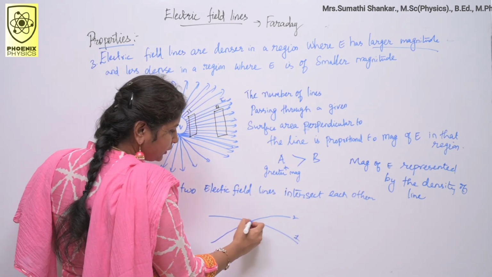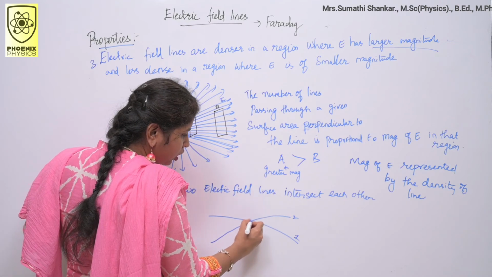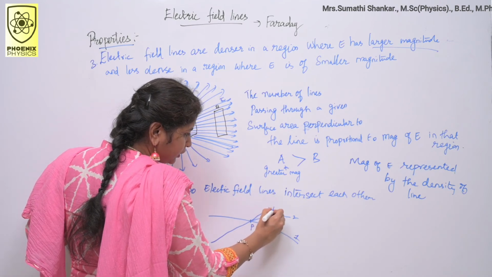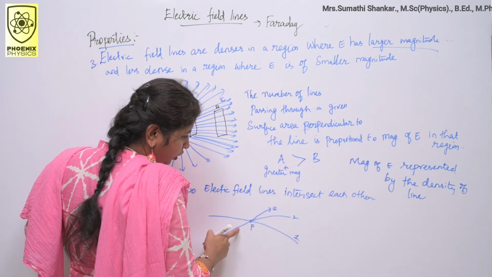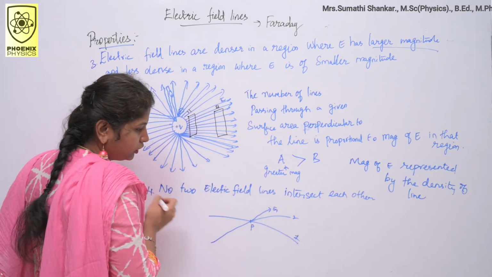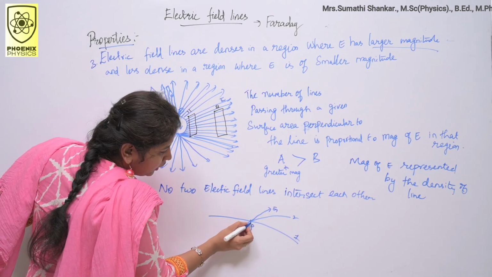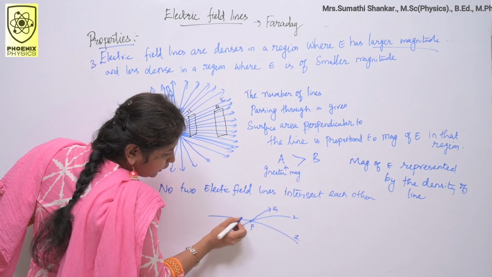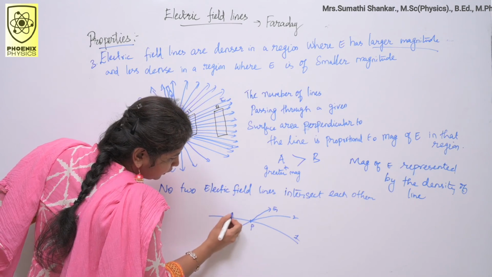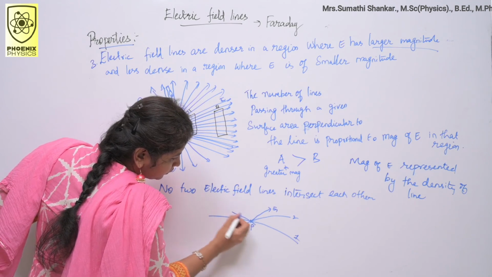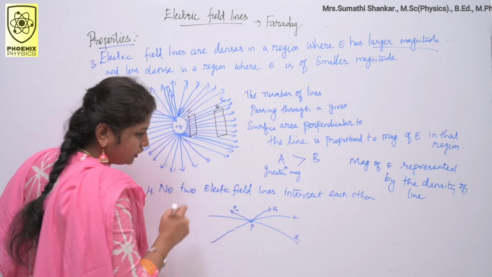So for this line 1, I am going to draw one electric field vector. This is E1. Here again for line 2 I am going to draw one electric field vector like this. This is E2.